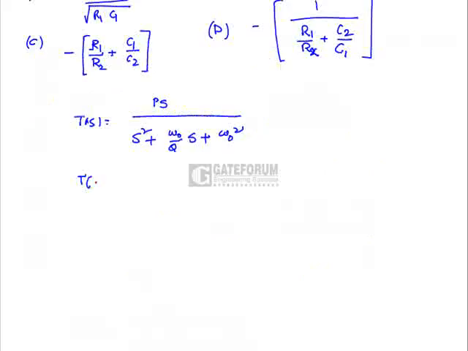The magnitude of the transfer function at S equals j omega naught is going to be P omega naught divided by omega naught square divided by Q square.